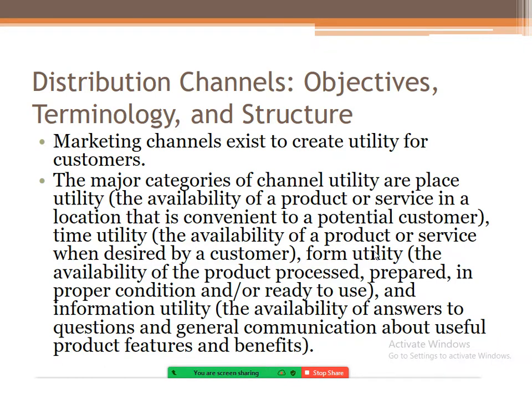As defined previously, distribution channels are systems that link the manufacturers to the customers. Although channels for consumer products and industrial products look similar, there are also some distinct differences.